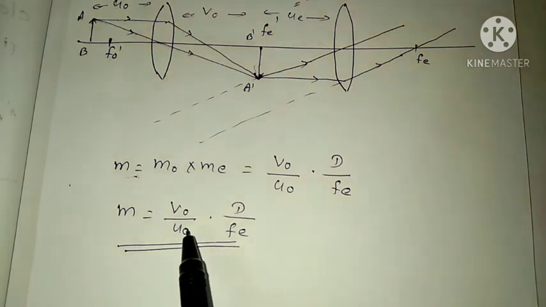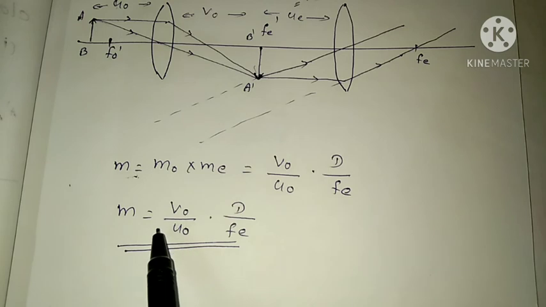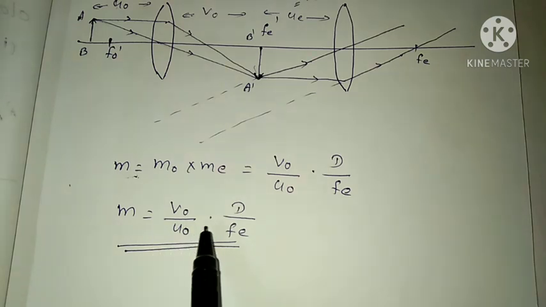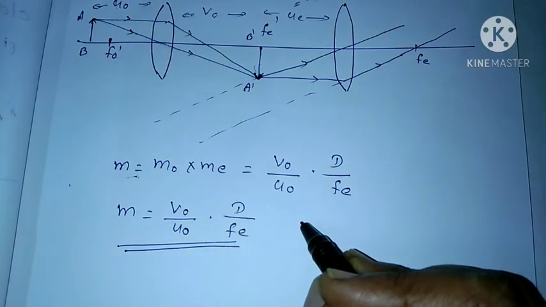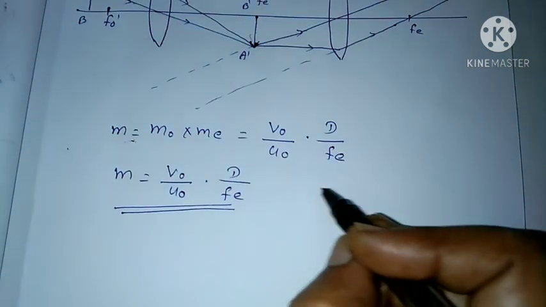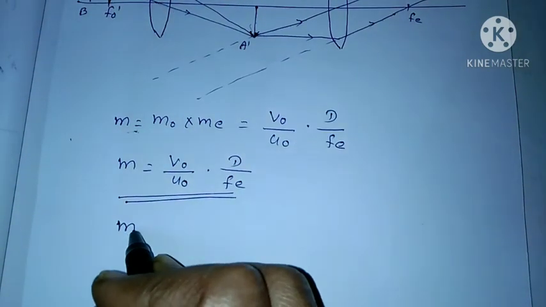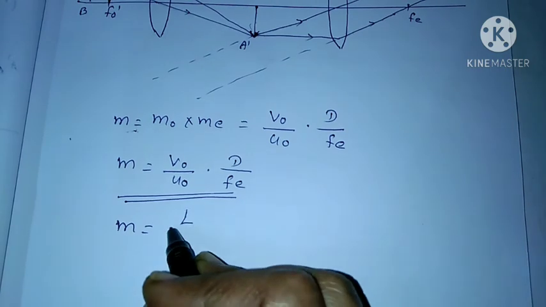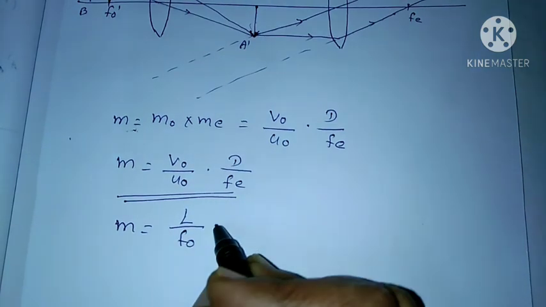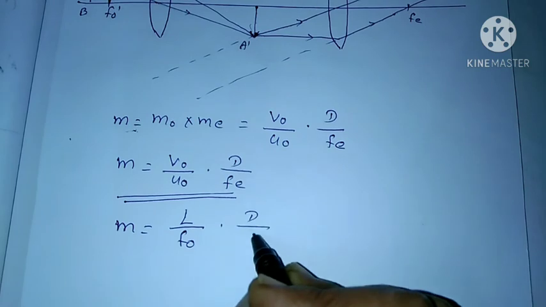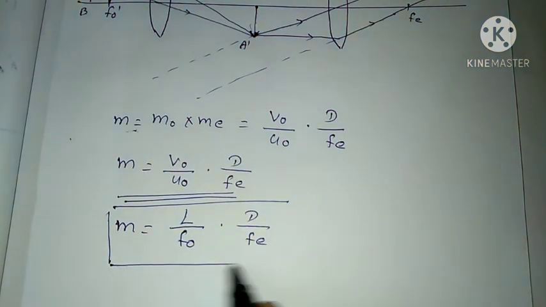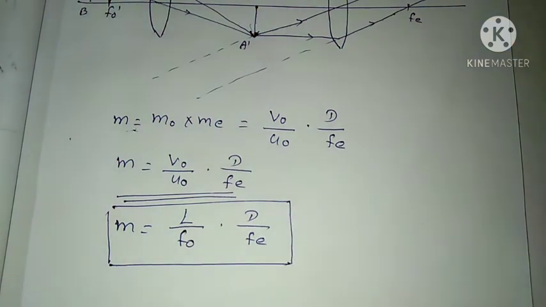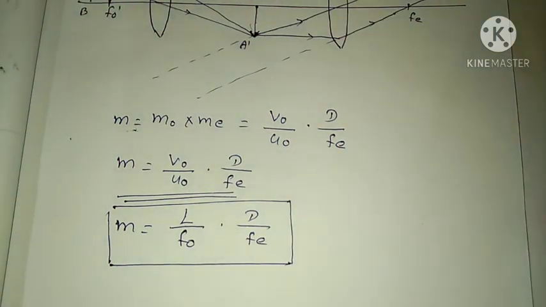Then when the object is very close to the focus of the objective and the image is formed very near to the eyepiece, how can we change the formula? That is M equal to L by F0 into D by Fe. L is the length of the microscope, the distance between the two lenses.